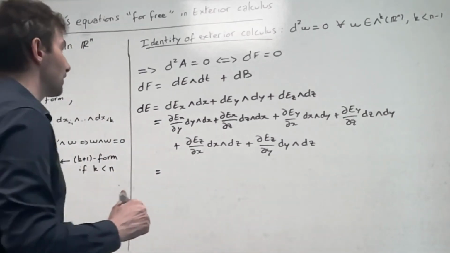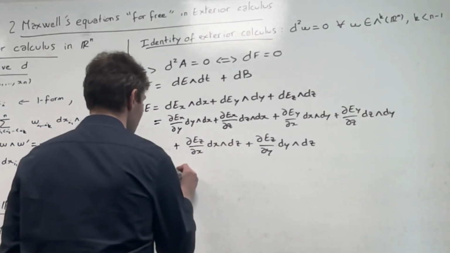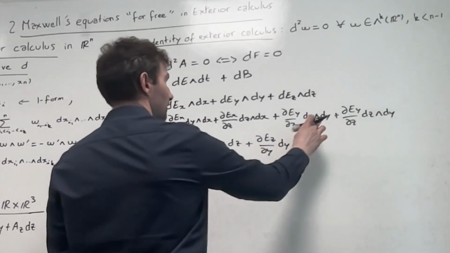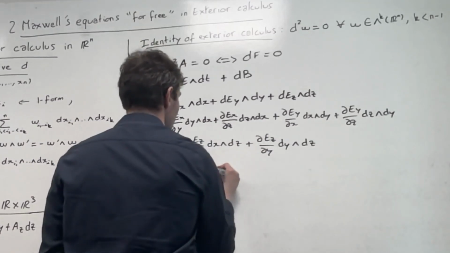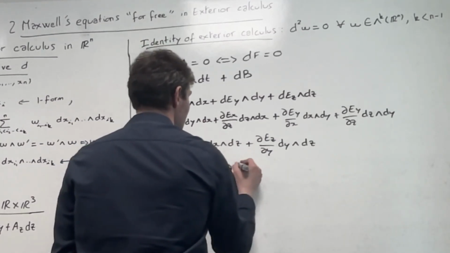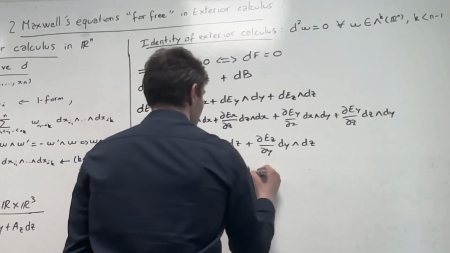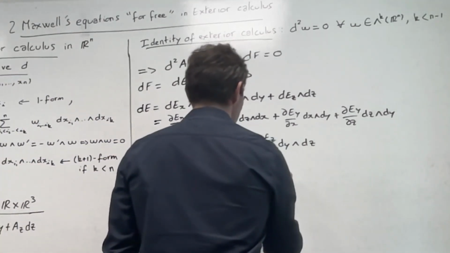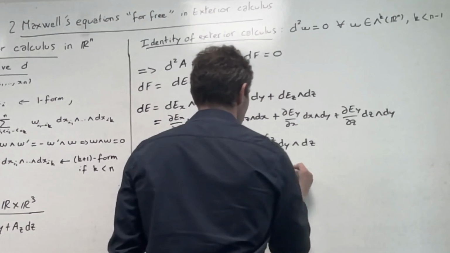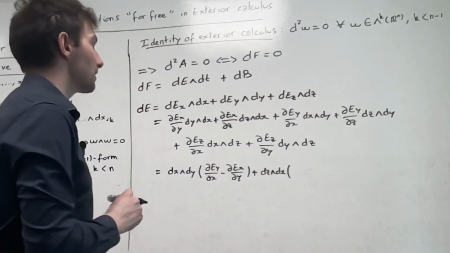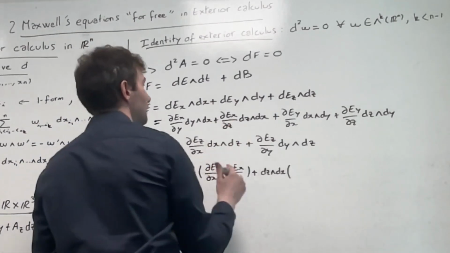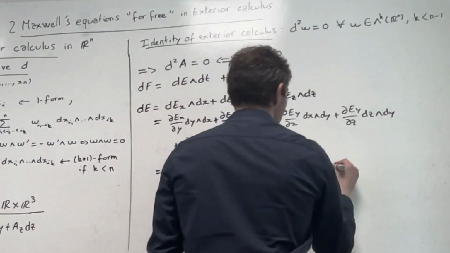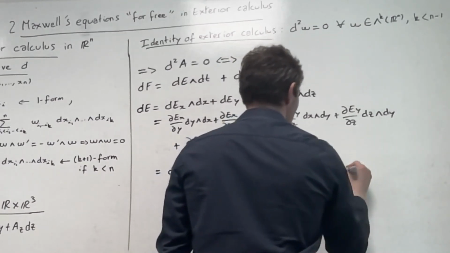So for example, here, dx wedge dy, and that factorizes: dEy/dx minus dEx/dy. Then, for example, dz wedge dx: we've got dEx/dz minus dEz/dx.